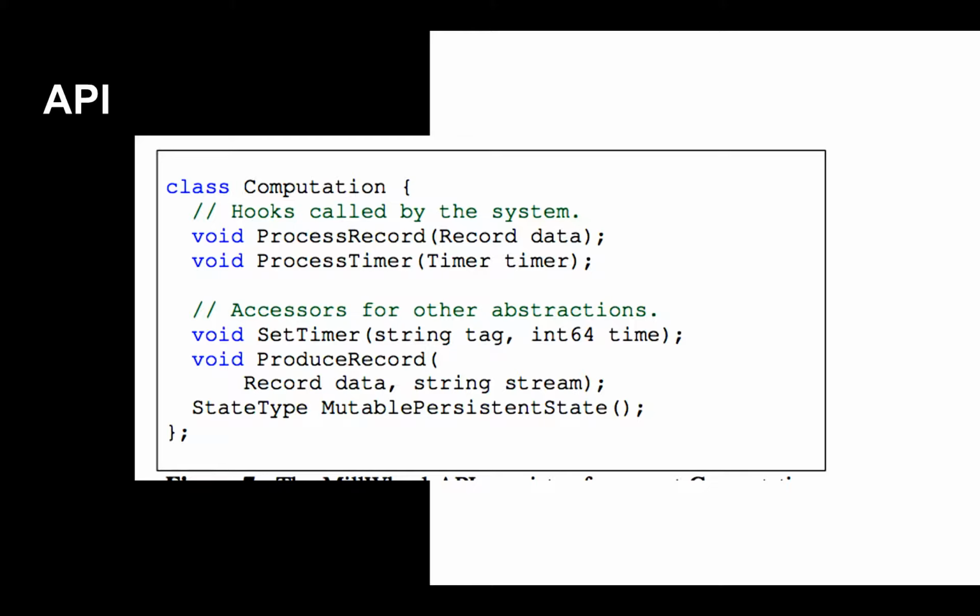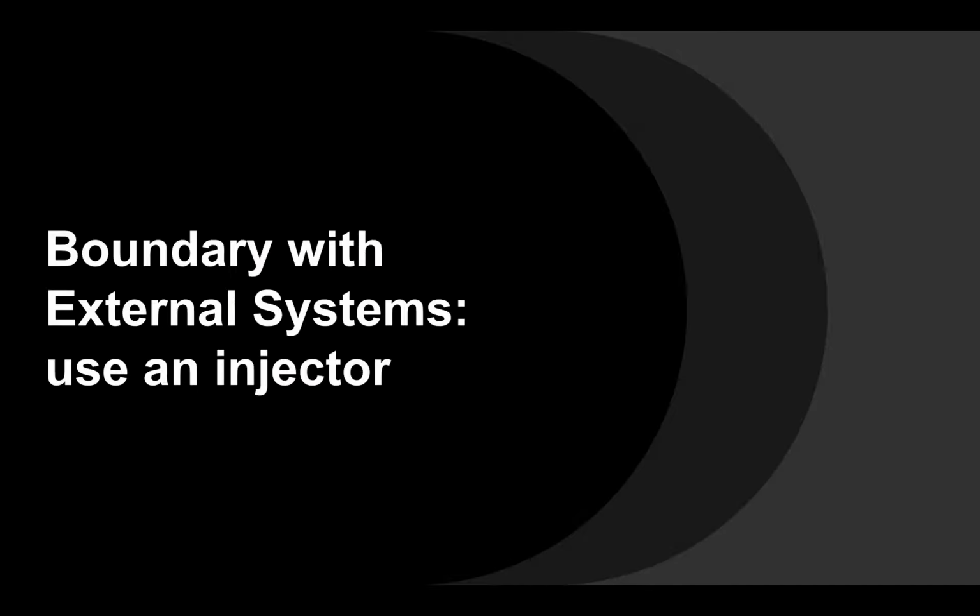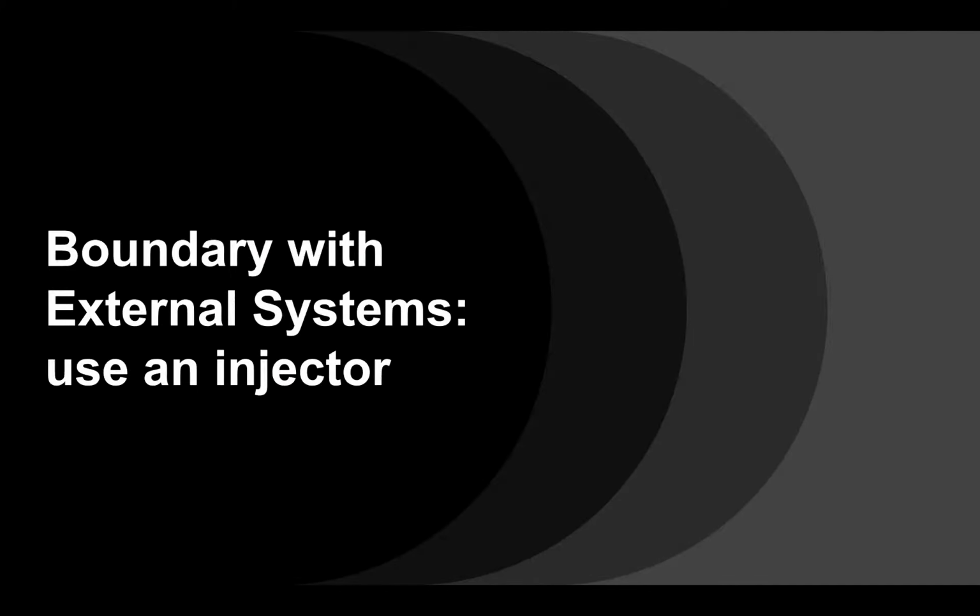So here we can see process record, process timestamp, right? That should be pretty intuitive. Set timer, and then produce record. So I don't feel like I should need to explain those too much. Okay, real quickly, it doesn't seem like it's that important, although I'll make a case later on why I do think this is important.